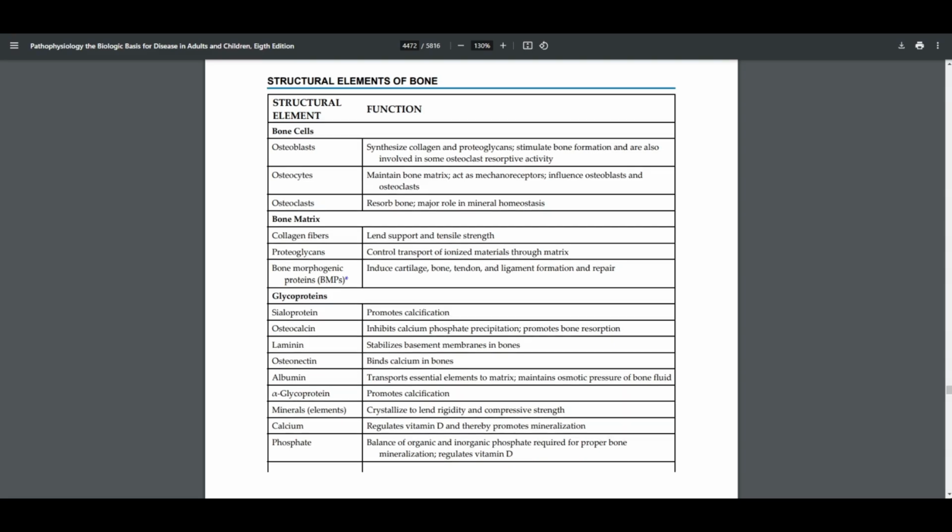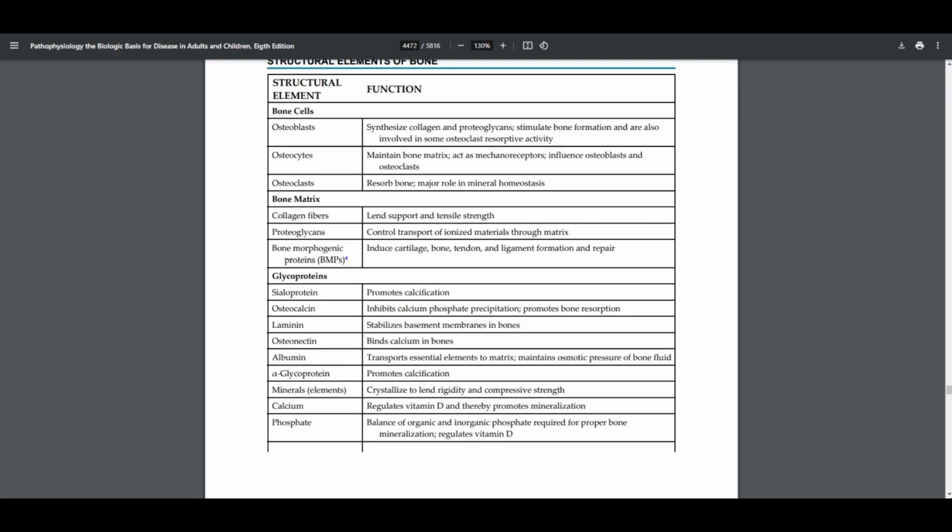So here we have a table, the structural elements of bone. So we have the structural element and its associative function. Osteoblasts, osteocytes, osteoclasts.